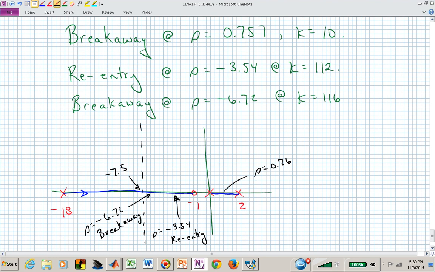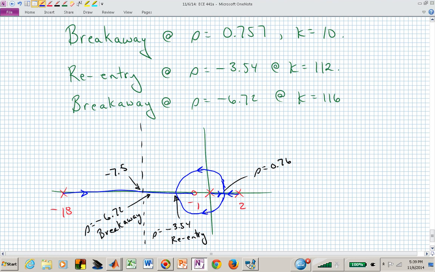Meaning, I now know that as I increase the gain, and this gain at 0.76 was a gain of 10, I now, at 0.76, I break away from the real line. I then move around from that breakaway and re-enter.